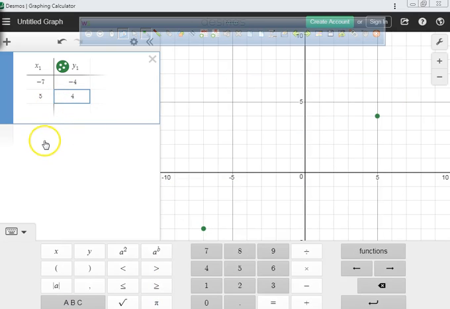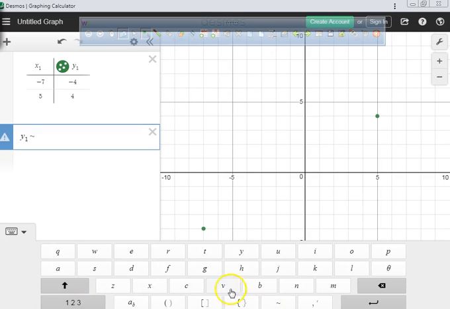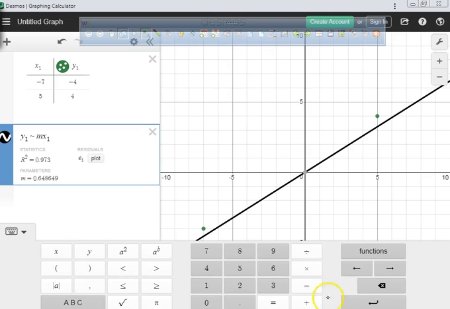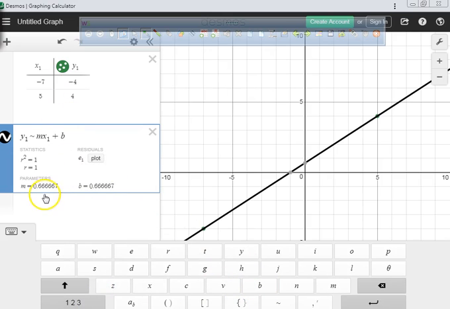Now, in order to interpret the slope, you have to remember this: y1 tilde mx1 plus b.